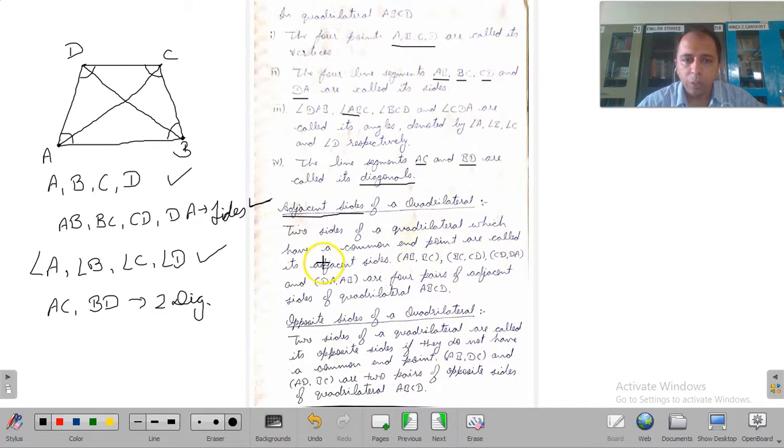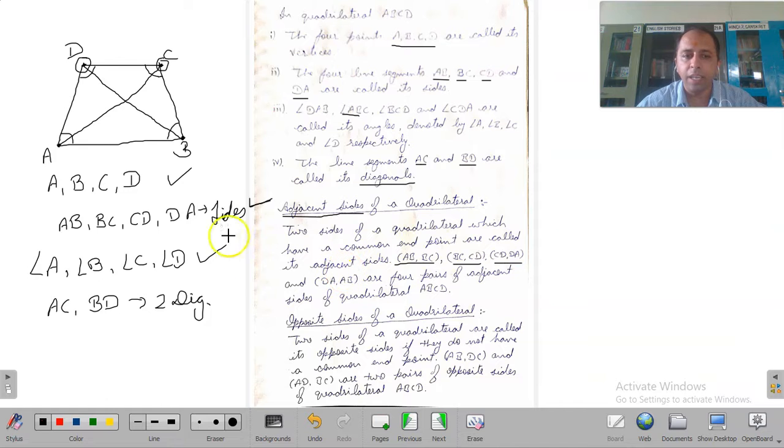You can see in the figure that sides AB and BC are ending at B. So this is one pair of adjacent sides. Then BC and CD are ending at vertex C, so they are also adjacent sides. CD and DA are also ending at the common point D, so they are also a pair of adjacent sides.